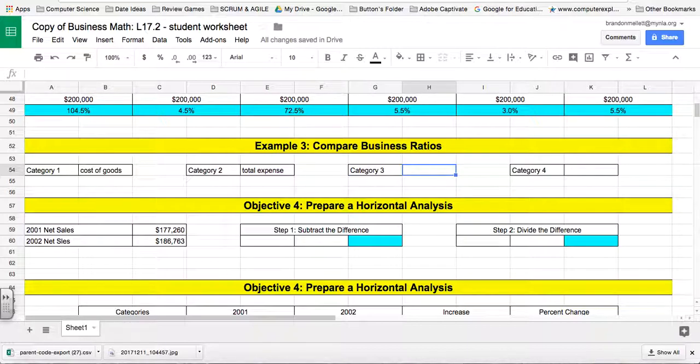Another area would be wages. And the last area would be rent. So we have our 4 different areas here. Instead of total expense, let's focus on advertising instead. So now we've identified 4 areas where Burton Shoes are higher than the national average.